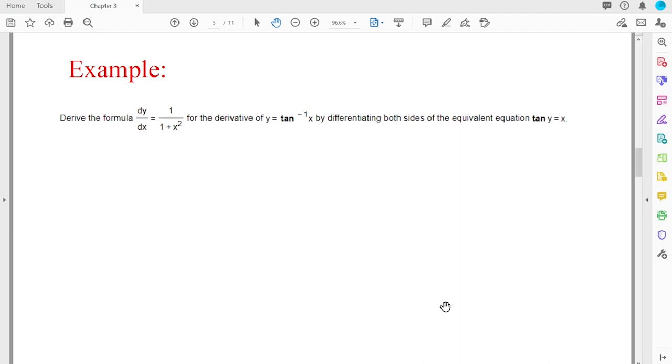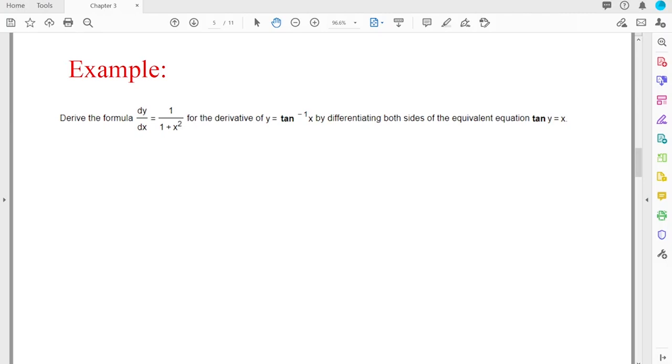So now the main thing we have to do in this section is find the derivative of inverse trigonometric functions. So we need to derive some formulas. The first thing is the derivative of tan inverse of x is 1 over 1 plus x squared. We need to derive that. Okay, we need to prove that. For that, we start with this.